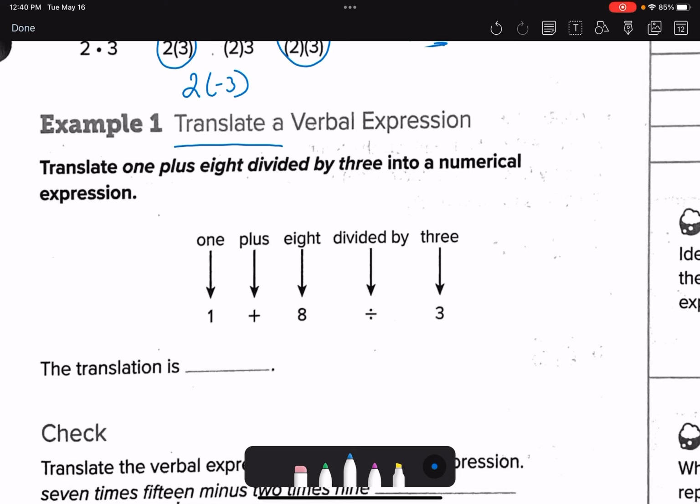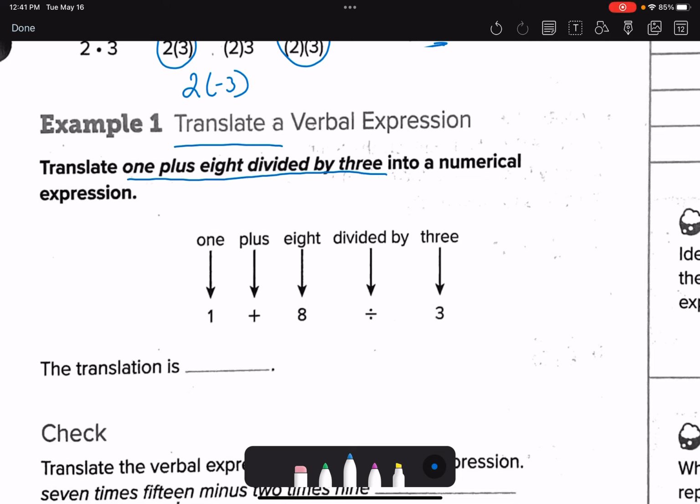For example, the biggest thing I want you guys to see is where it says 1 plus 8 divided by 3. Now, what does this mean when I say 1 plus 8 divided by 3? You're going to go ahead and start with the very first thing that it says, 1. That means that 1 needs to get written first.